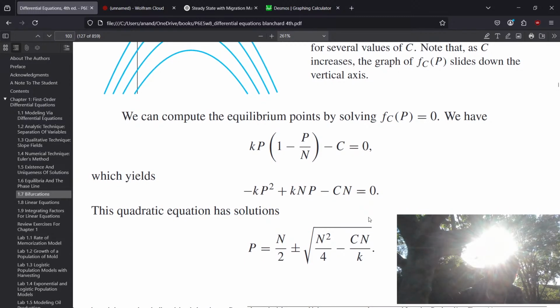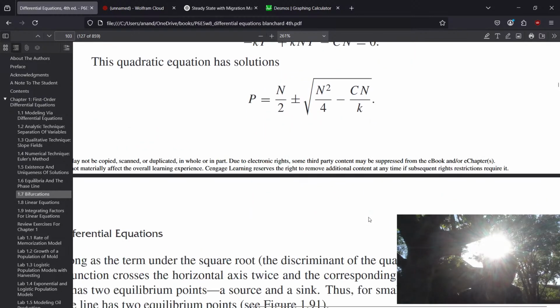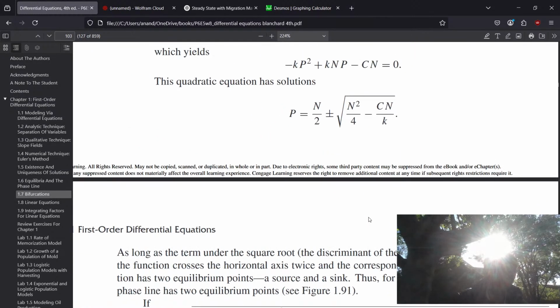And then, oh wow, okay. So then they use the quadratic formula to find the equilibria.